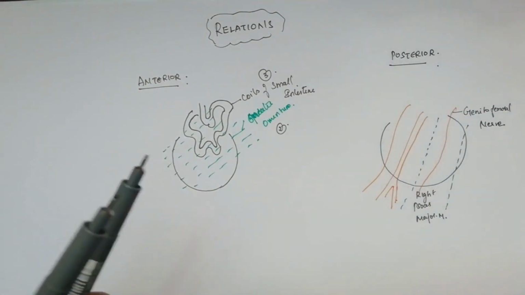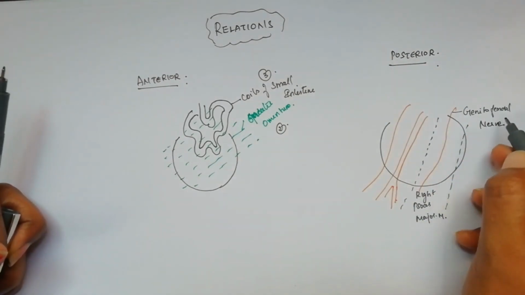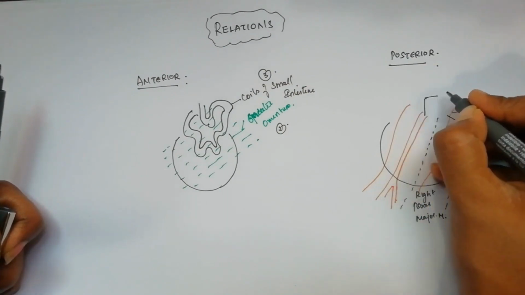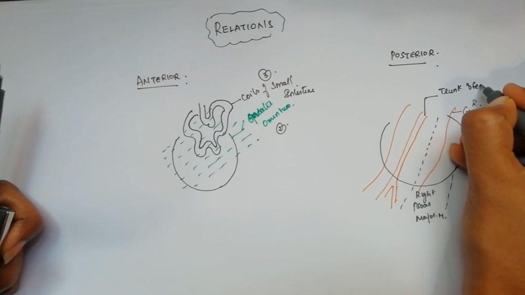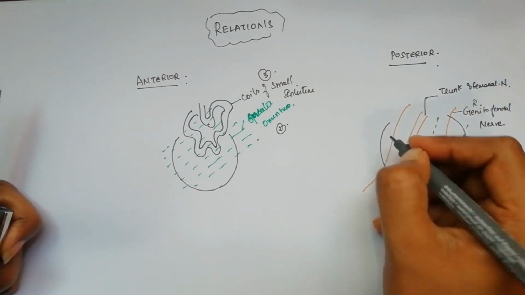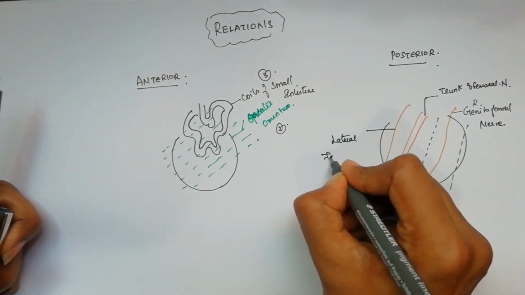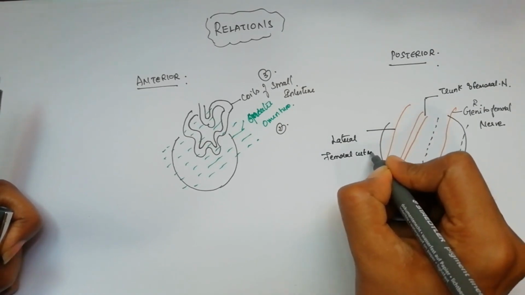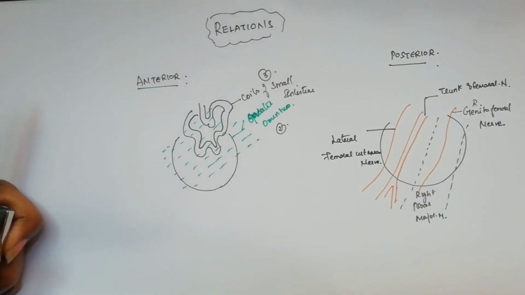So we have got psoas major, right genitofemoral nerve, trunk of femoral nerve itself, and this is the lateral femoral cutaneous nerve.